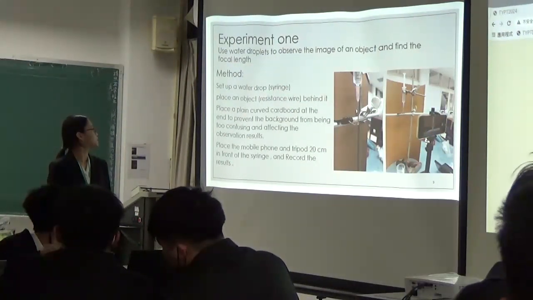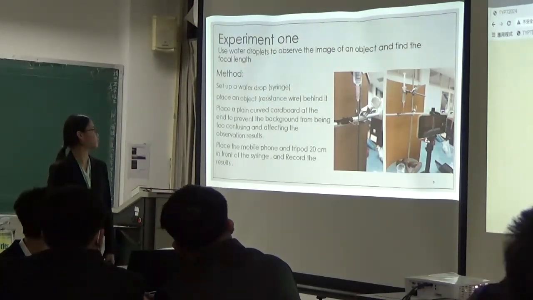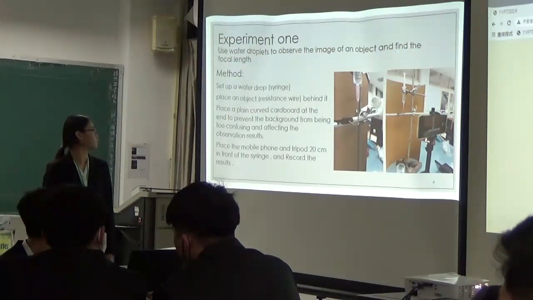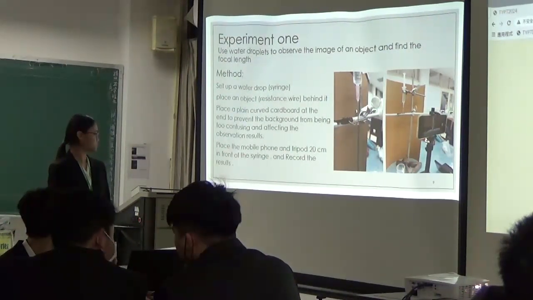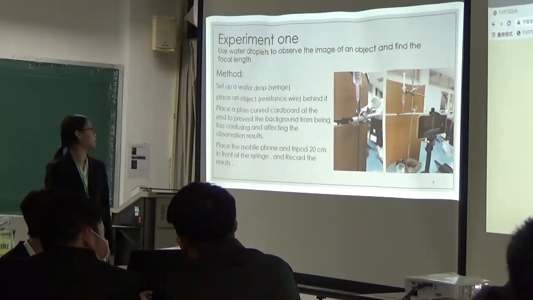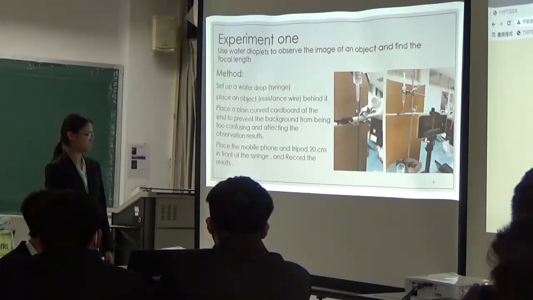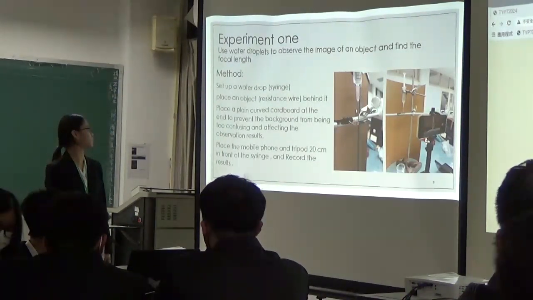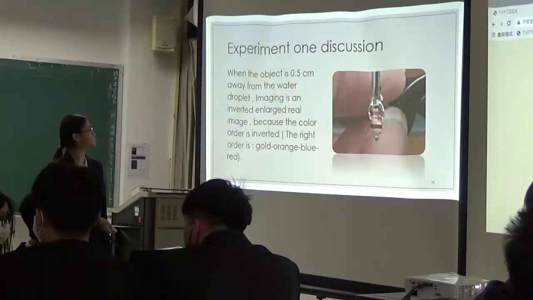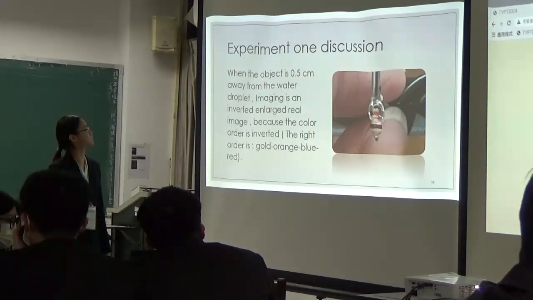Third, place a plain cardboard at the end to prevent the background from being too confusing and affecting the observation result. In the end, place the phone and tripod 20 centimeters in front of the side and record the result. And this is my experiment discussion.